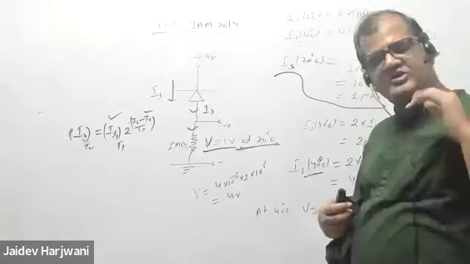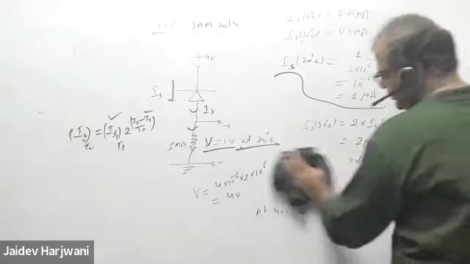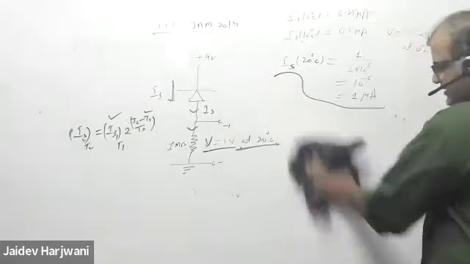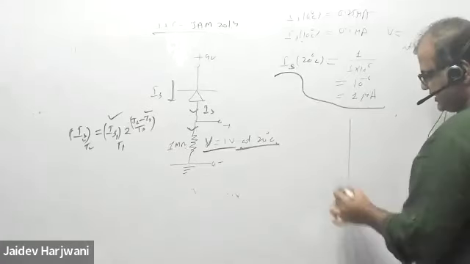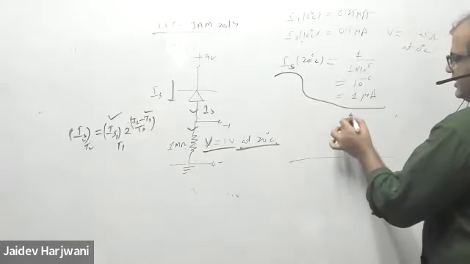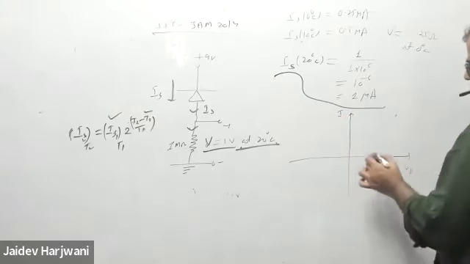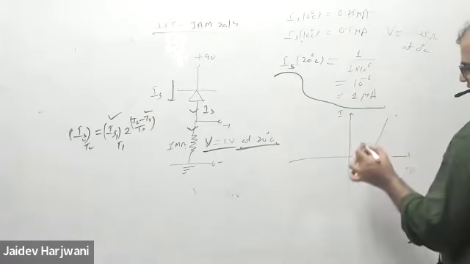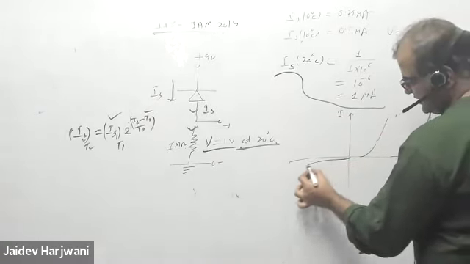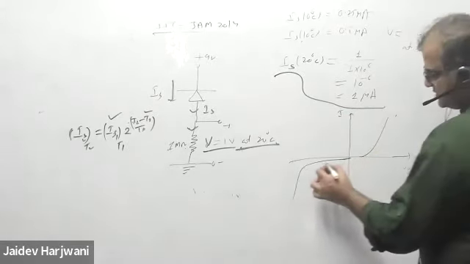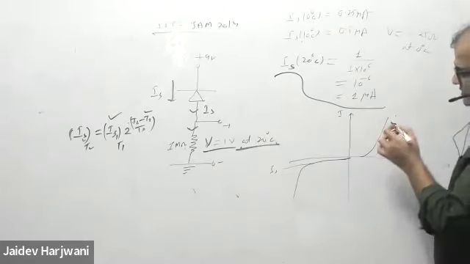Reverse saturation current is actually a function of temperature. While discussing the theory, I told in the class also that if you plot the curve I versus VD for a diode, this is the forward characteristics and this is my reverse characteristics. This is IS saturation at temperature T1.